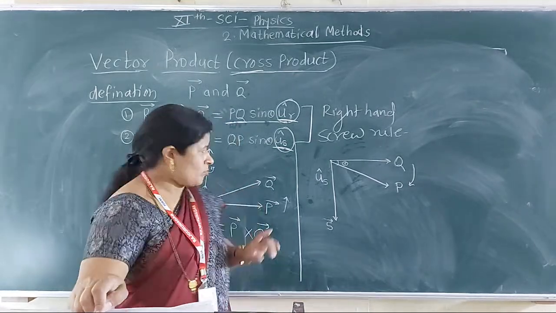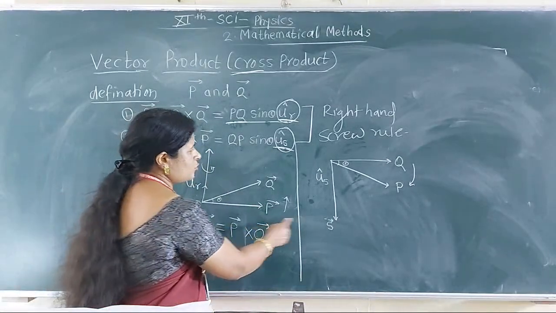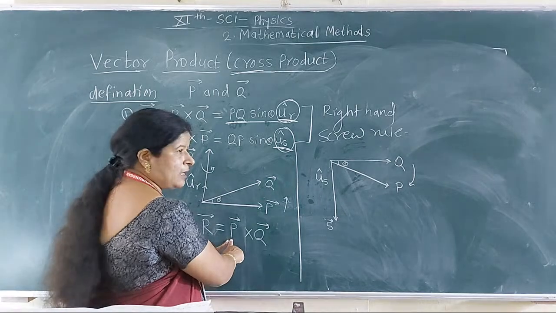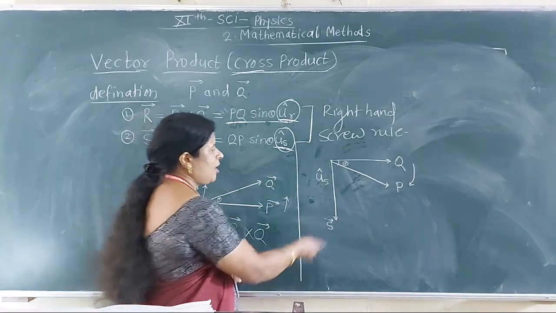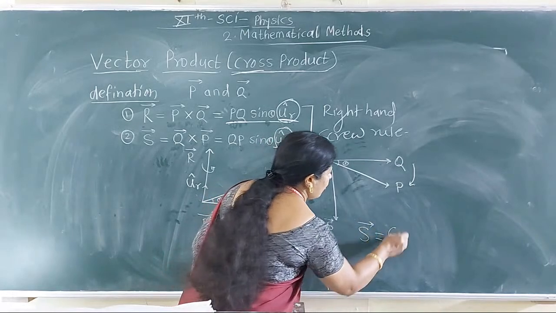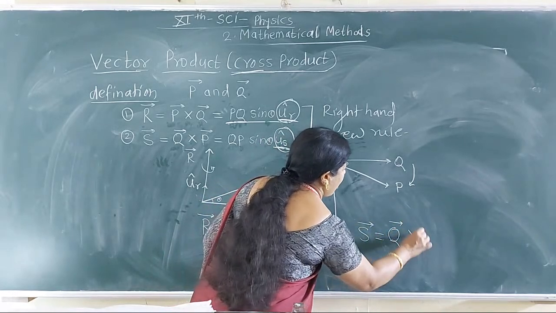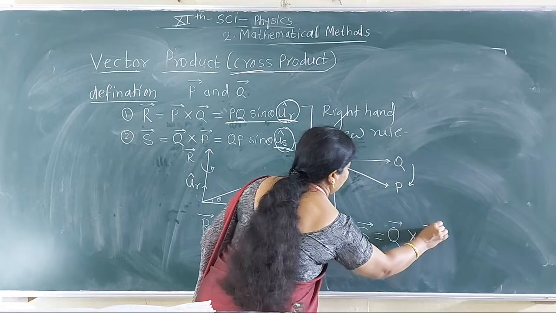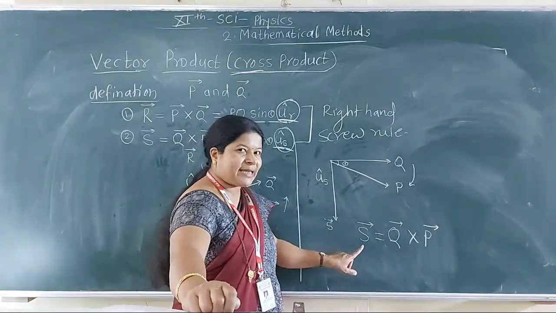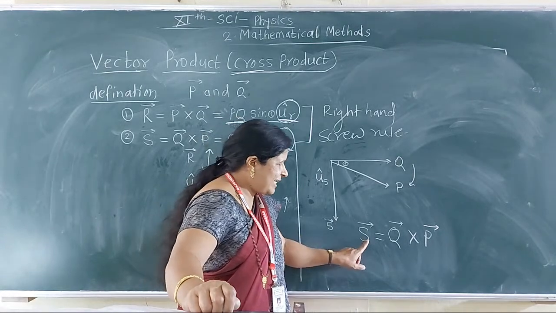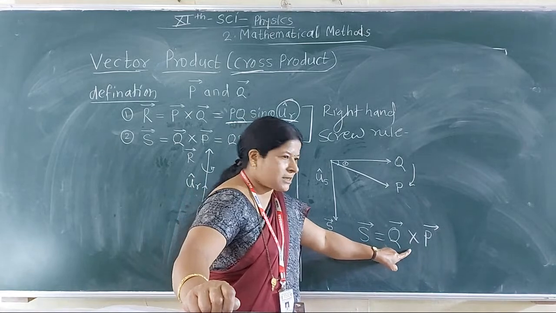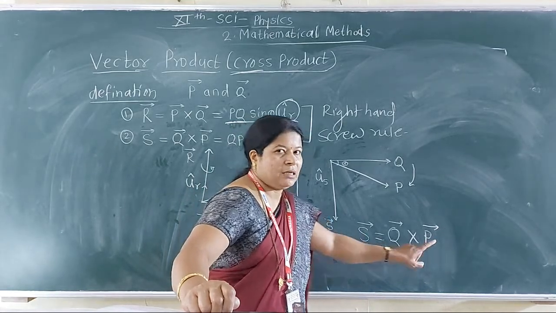So see these two examples: we can write here vector r is equal to vector p cross vector q, and here vector s is equal to vector q cross vector p. We read this vector product as vector s is equal to vector q cross vector p.